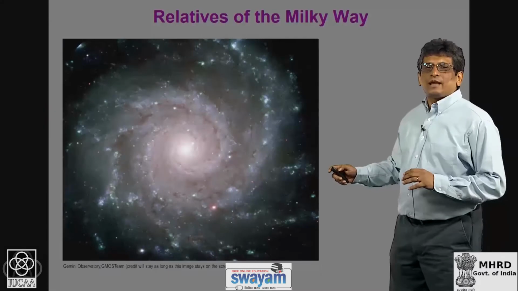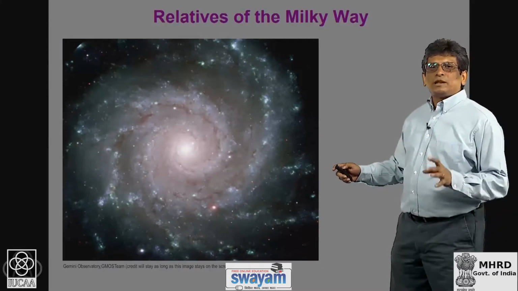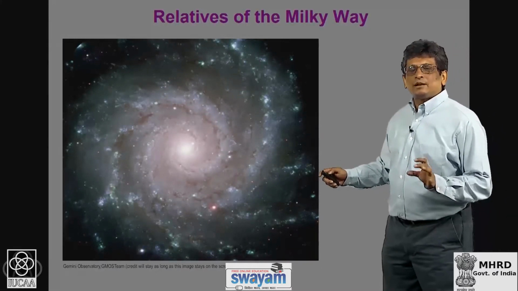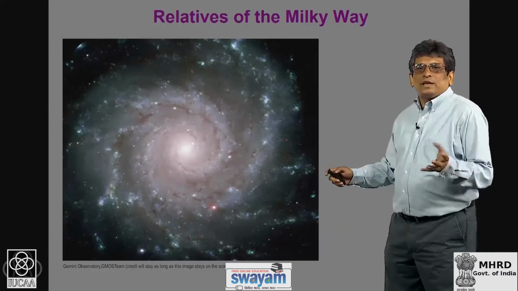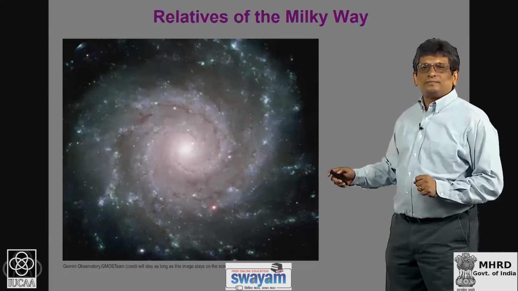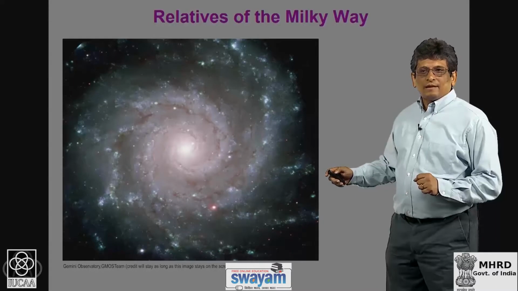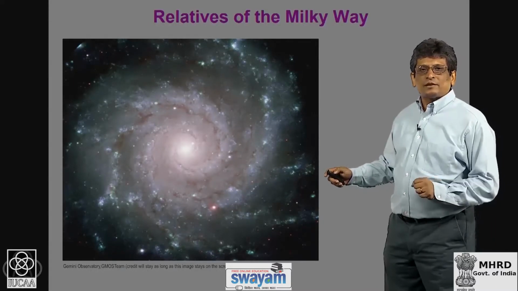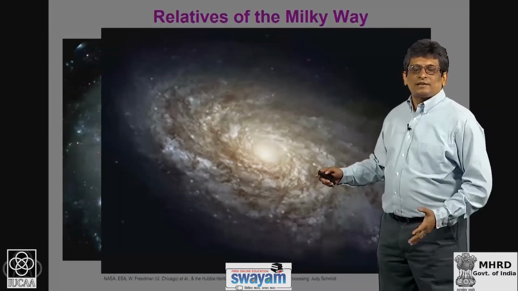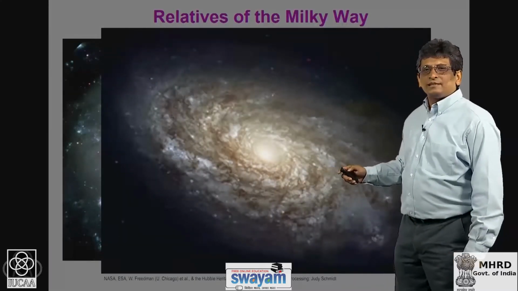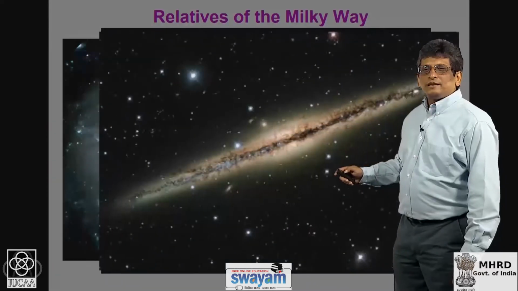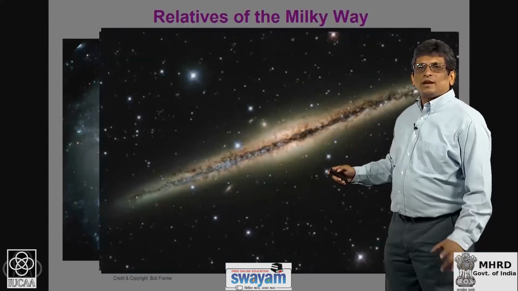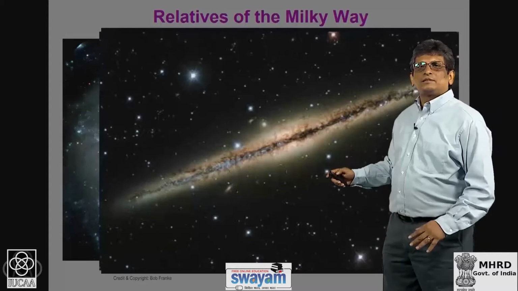Now, you can see other galaxies, and I call them the relatives of the Milky Way because they look very similar to our galaxy, but we can take pictures of them because we are outside them. Here is a galaxy that looks very much like the Milky Way, and if you turn it around, here's another galaxy, not the same galaxy, turned around, and this is what another galaxy like the Milky Way would look like from the side.